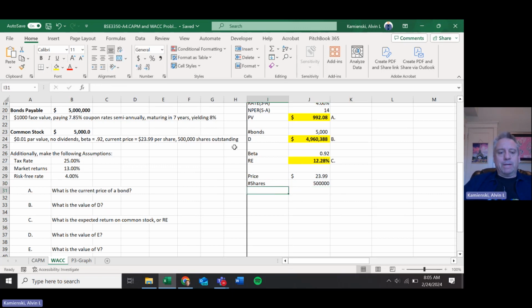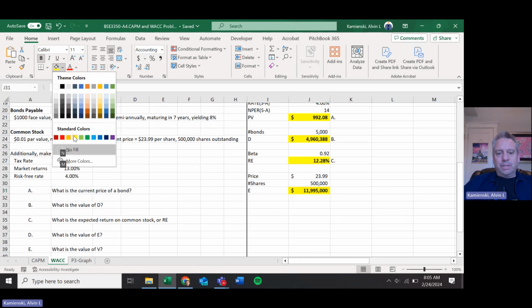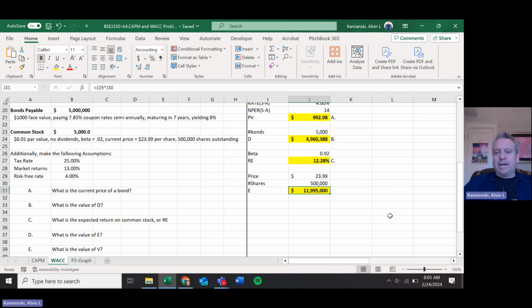And so the market value of that, or E, is the same as up above, where we just take price times quantity. So you have as the market value of all of your equities just south of $12 million.